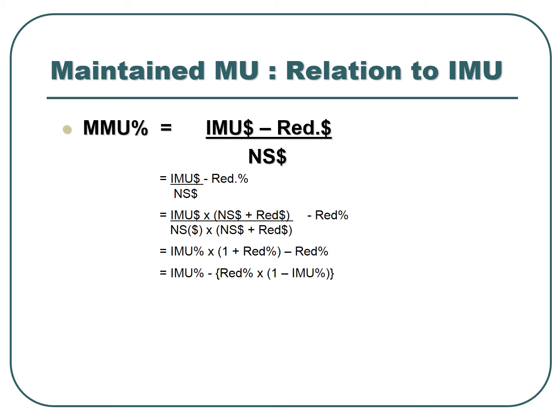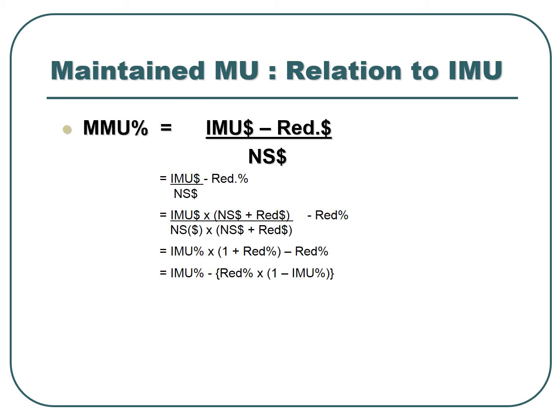So when we project the MMU percent, we may utilize this concept of IMU percent and reductions percent. We should be able to do something with these two planned figures to estimate what our MMU percent may be. That formula comes from the concept of MMU percent being IMU dollar minus reductions dollar over net sales dollar, which we already looked at in one of the previous slides.